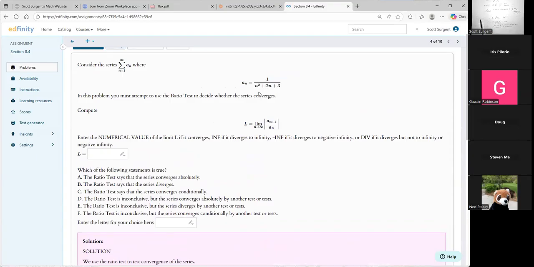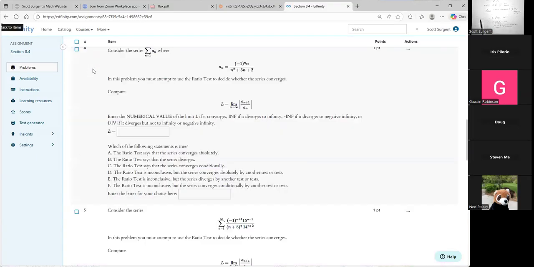So in this case, I would choose that it's inconclusive, but it converges conditionally by other tests. I'm not so sure I like that question. It could be phrased better. Have I confused you guys enough?